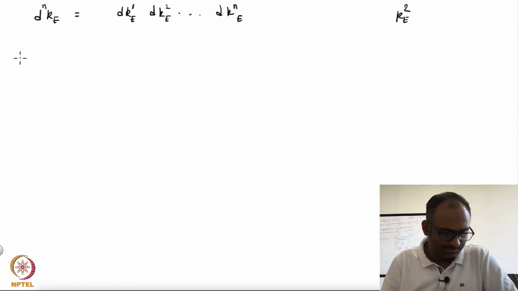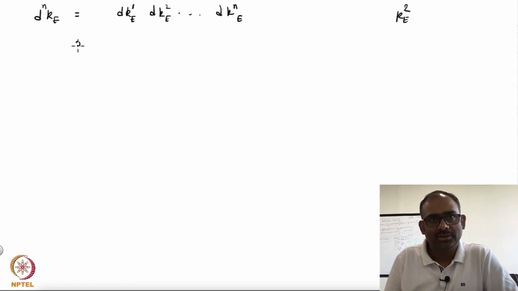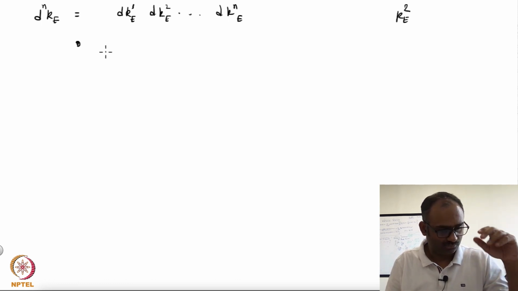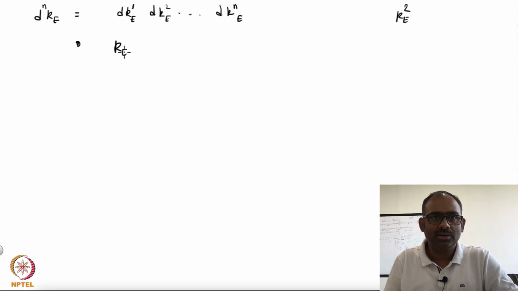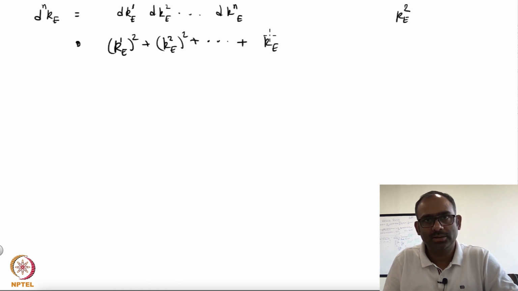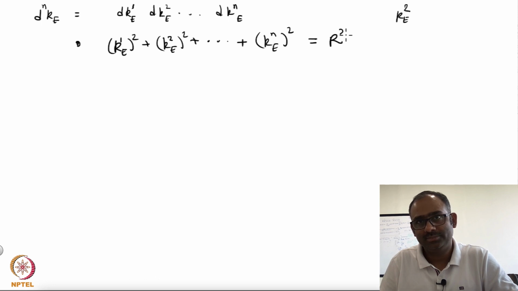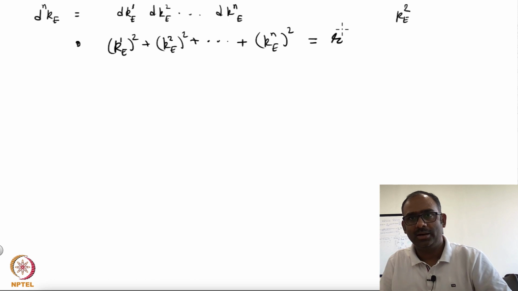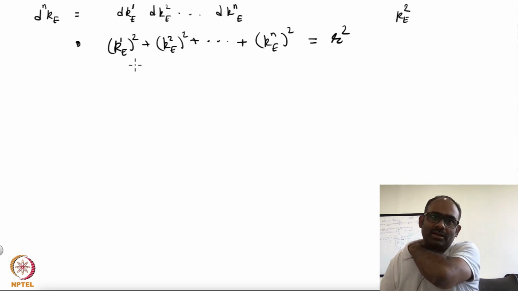They involve things like this. If you look at k_E1² plus k_E2² up to k_En², then that is a constant, r², or maybe small r².